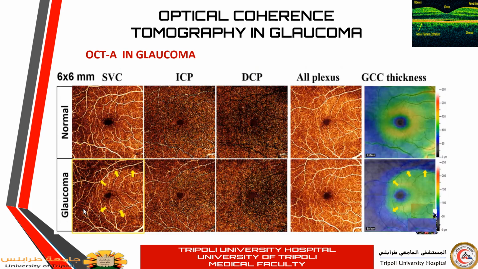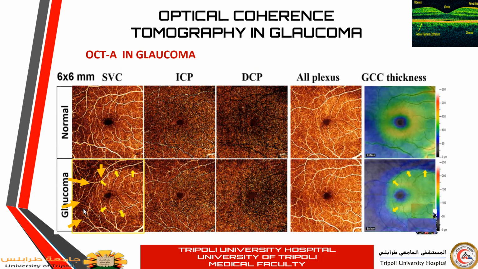So in glaucoma, if we take a macular picture with OCT angiography and compare, the upper row shows the normative data, or the normal appearance of the macula. Comparing it with the glaucoma, you can see in the superficial vascular complex there is an arcuate pattern of decrease in the capillary density compared to the normal, which is suggestive of glaucoma.